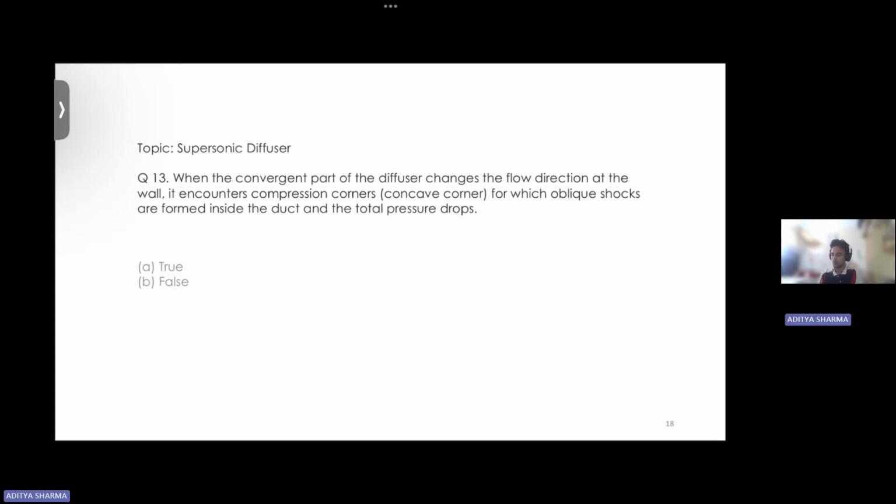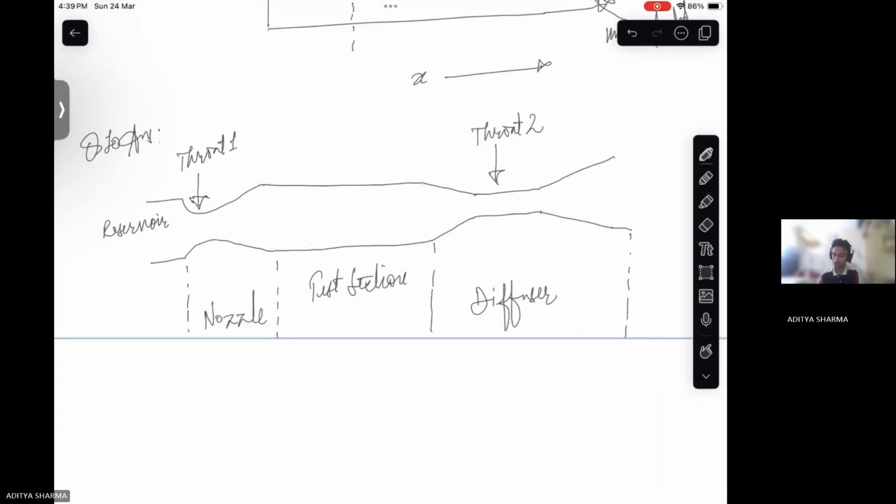So if you see a supersonic diffuser, this is the convergent part, right? Convergent part. And this is the divergent part, right?